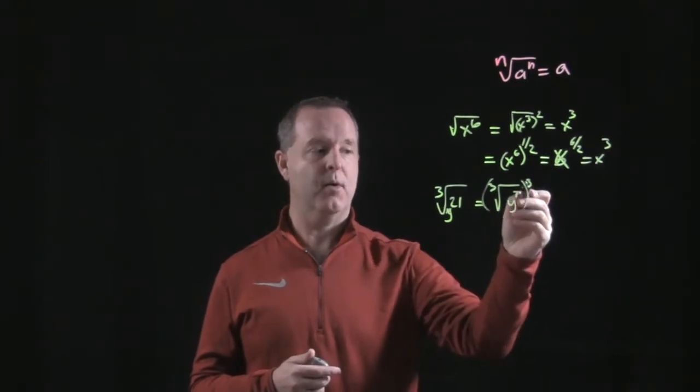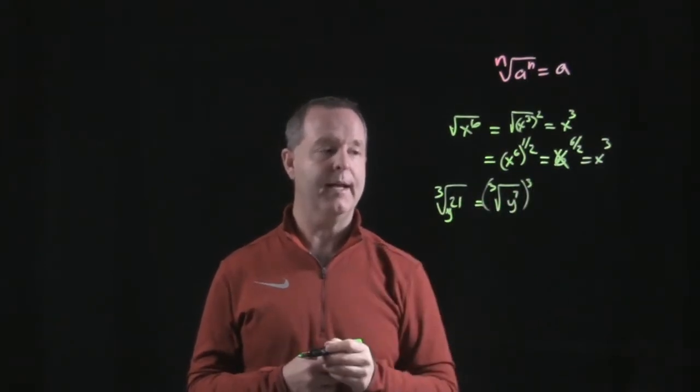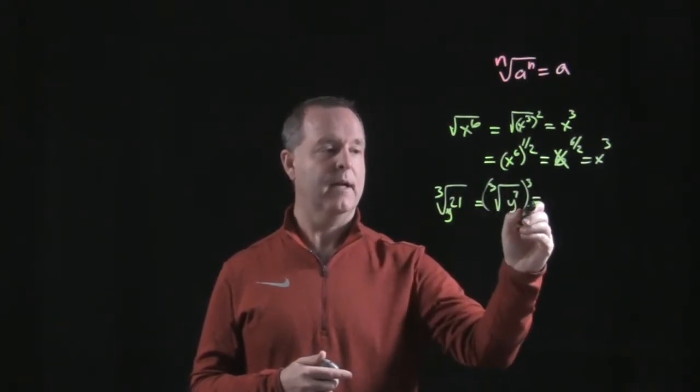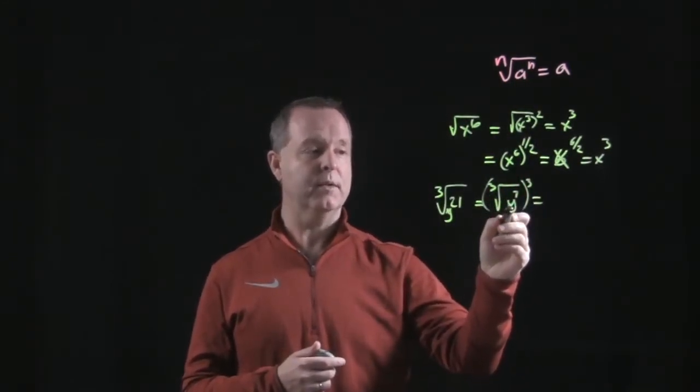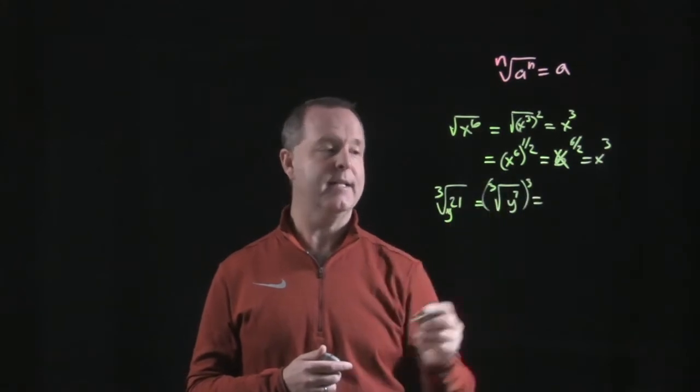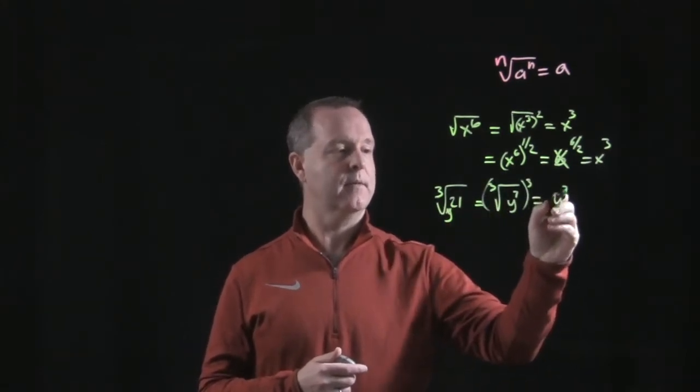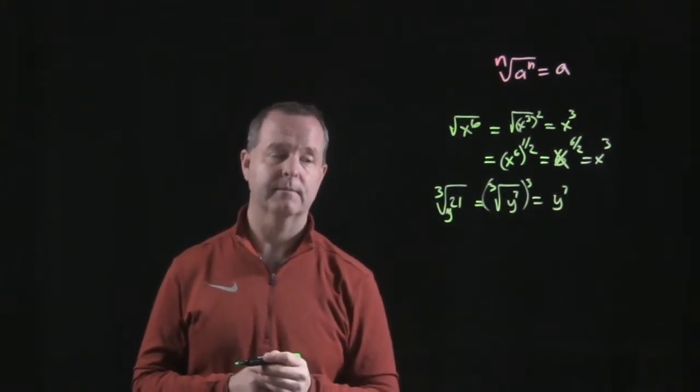Because remember, exponent to an exponent, we multiply. Here, if I follow that model, I'm raising a root to the same power as its index. That just becomes the radicand, which is y to the 7th.